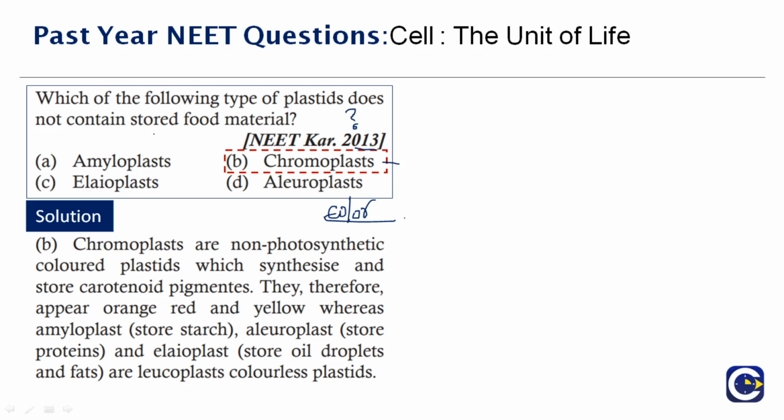For example, amyloplast is responsible for the storage of starch, as you see here. Then aleuroplast stores proteins. Elaioplast stores oil droplets and fats. Therefore, chromoplast, which is responsible for the color or the pigment, does not store any food. Therefore, the correct answer is option B.